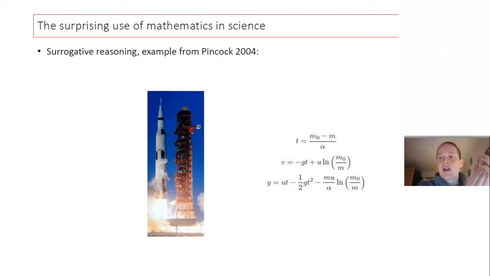And he says, well, what you do as a scientist, or as a physicist, is you move to mathematics, you write down some equations, maybe those he suggests here. You do mathematical derivations and you end up with some claim, which you then take and go back to the actual rocket system, and you use that claim you derived in mathematics to build a better rocket.